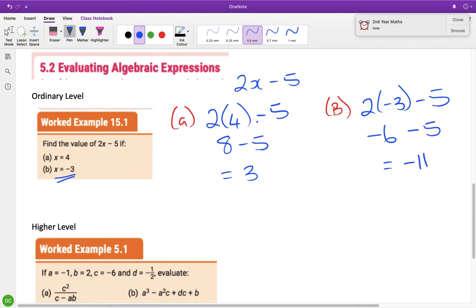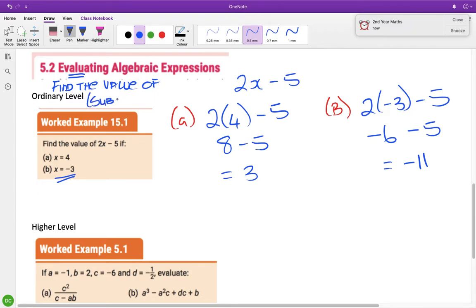Oh, I actually totally didn't say this. What we're doing here is evaluating algebraic expressions. Evaluating means find the value of. It's also sometimes known, kind of flippantly, as substitution.